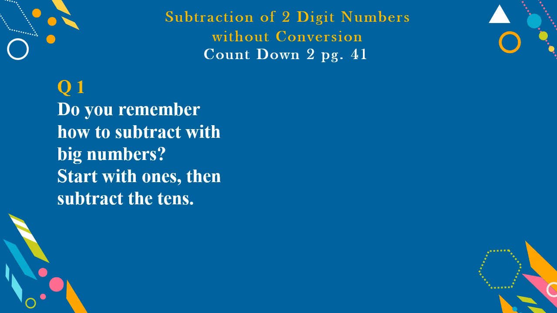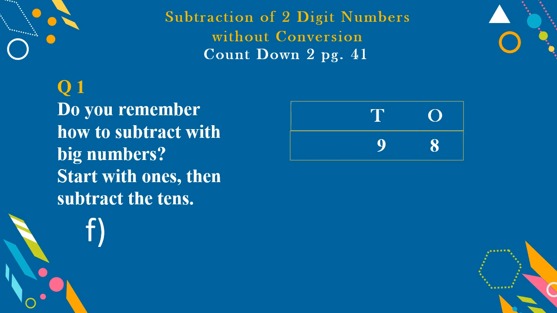Page 41. Question 1. Do you remember how to subtract with big numbers? Start with ones, then subtract the tens. F part: 98 minus 76. We will start from ones column. 8 minus 6 equals 2.